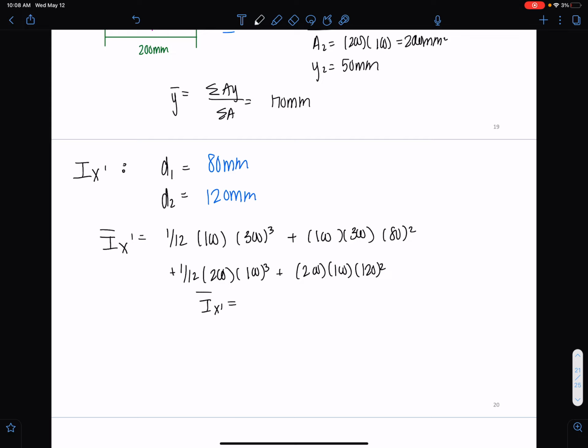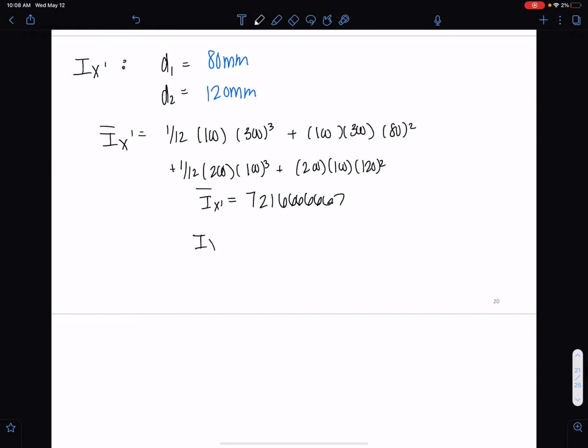And we get this really big number of 721,666,666.7. So to simplify this, we can write 722 times 10 to the 6 millimeters to the 4th.